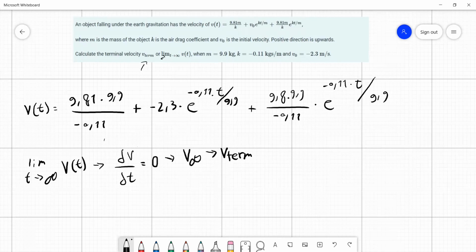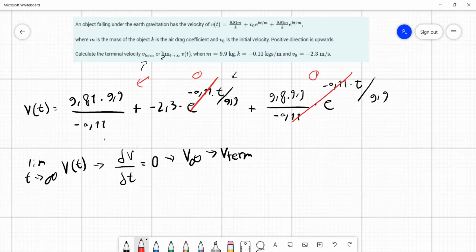What we essentially need to do is replace every time we see a t in the equation of v with 0. If you take the derivative, it's just 0 at that moment. This term would also be 0 because it has t.